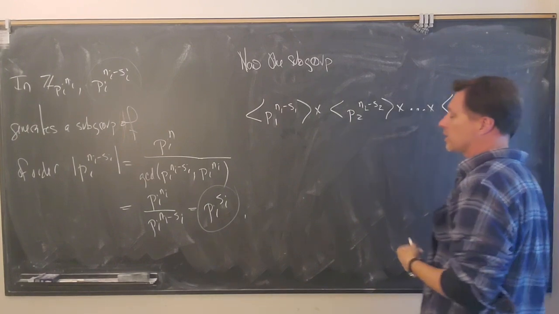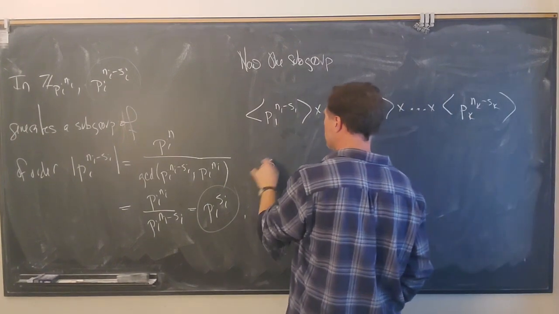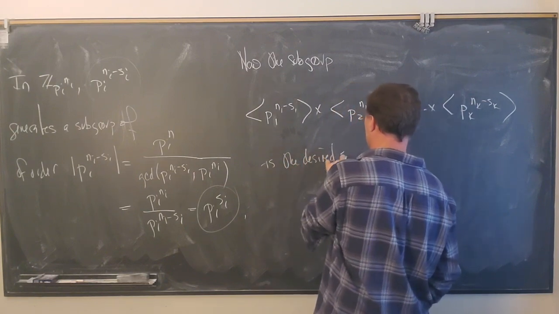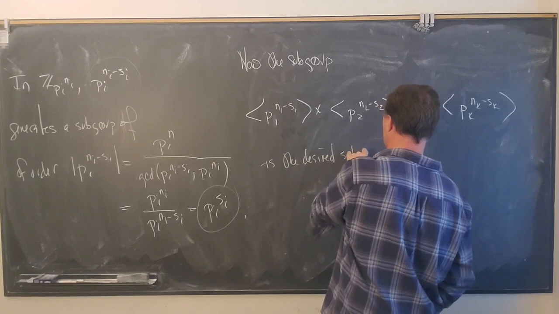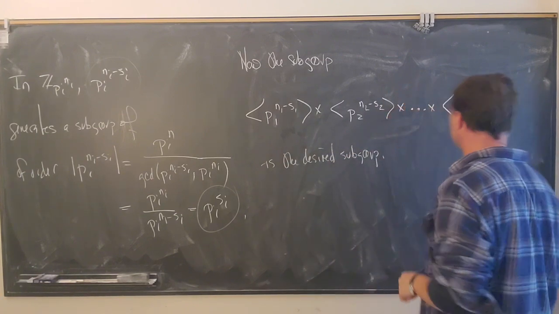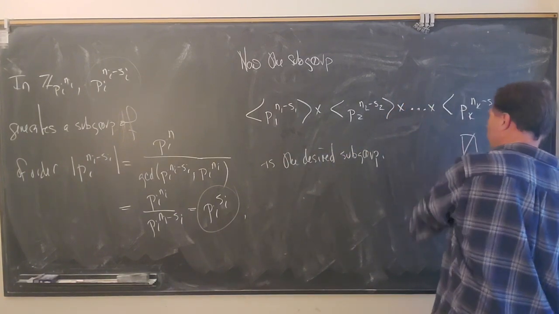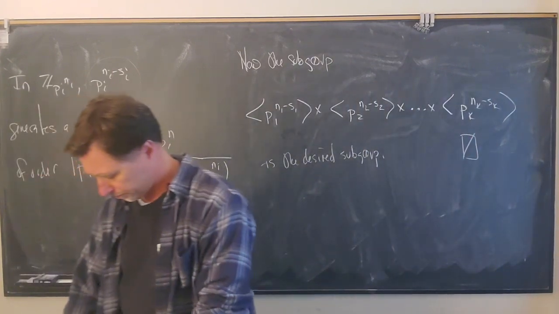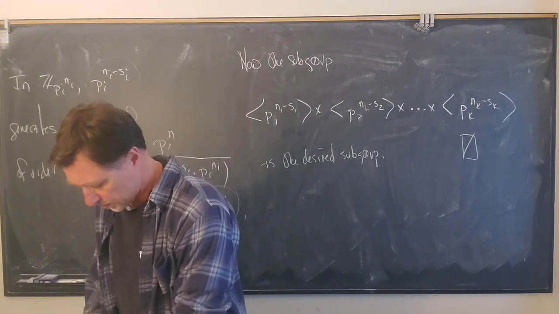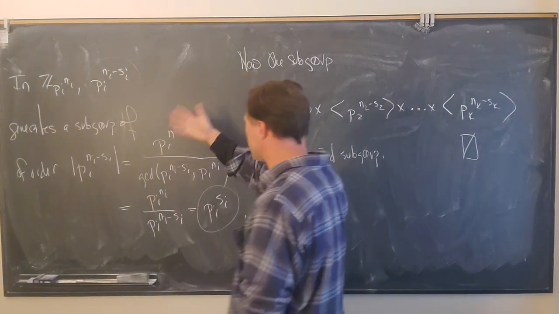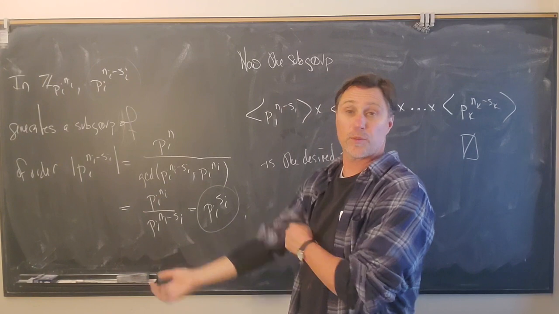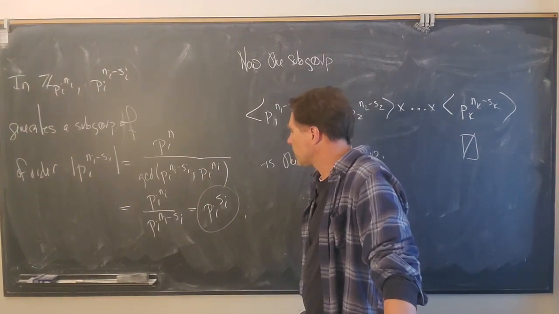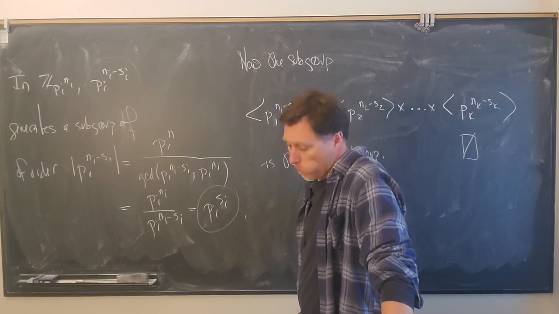This is the desired subgroup. All right, so it's essentially rigged to work. It's a bit of a messy computation, but we're just using that formula from chapter 6, I think formula or theorem 6.7. So, anyways, there it is.